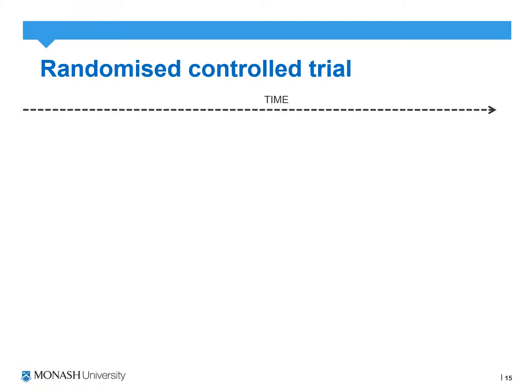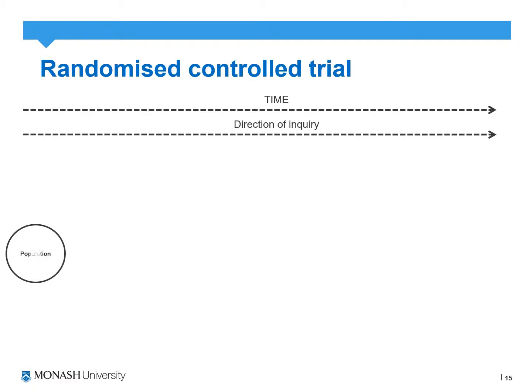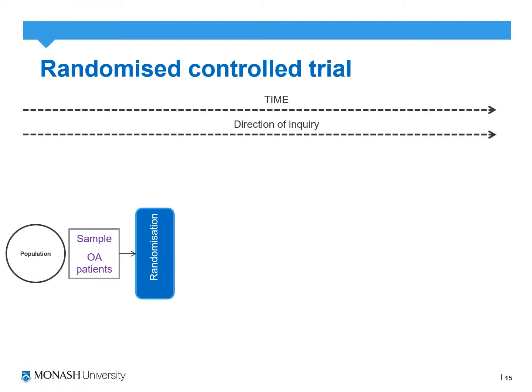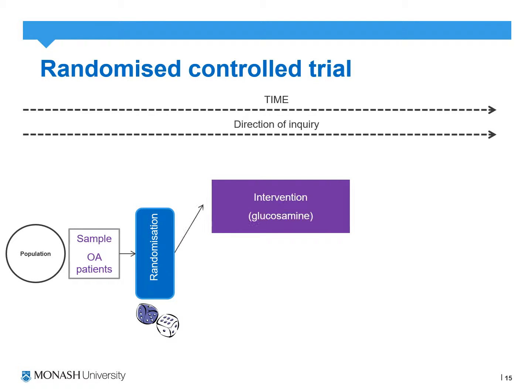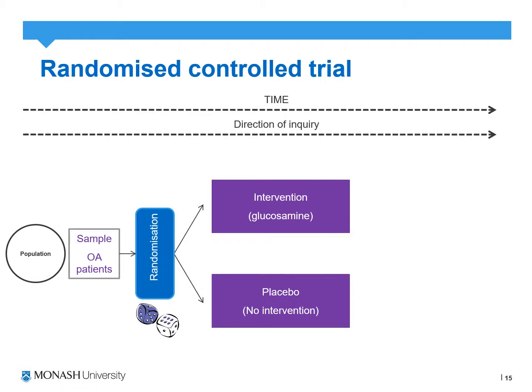So here we have a randomized controlled trial. We're moving forward in time and the direction of inquiry is also prospective. We have our population and we may take a sample of people or participants from a population. In this case, there may be patients with osteoarthritis, and we randomize them either to one group or another.